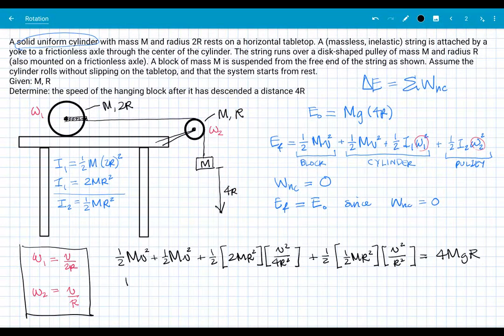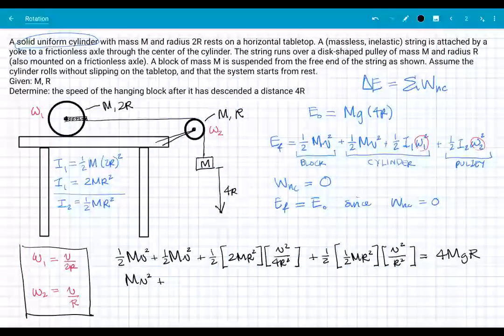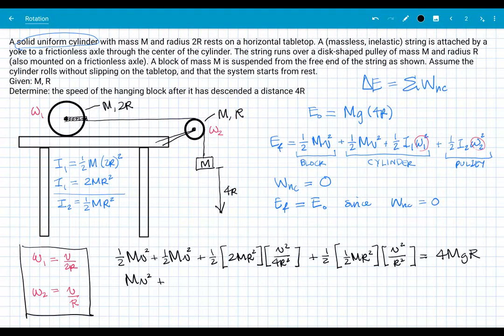All right, we can simplify that a bit more. 1/2 and 1/2 mv squared is just mv squared. Then we can figure out these terms here: 1/2 times 2 times 1/4 gives me 1/4 mv squared, plus, again, 1/4 mv squared there, is equal to 4mgr.